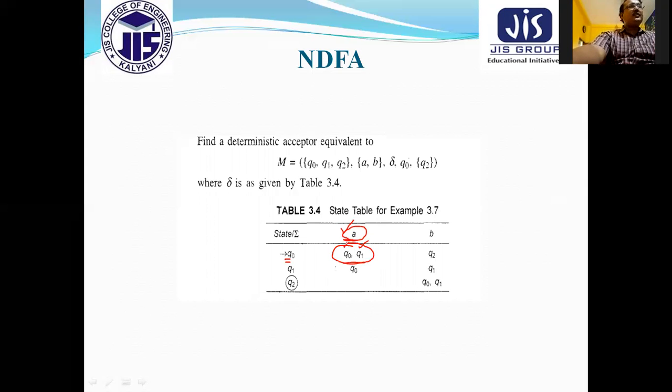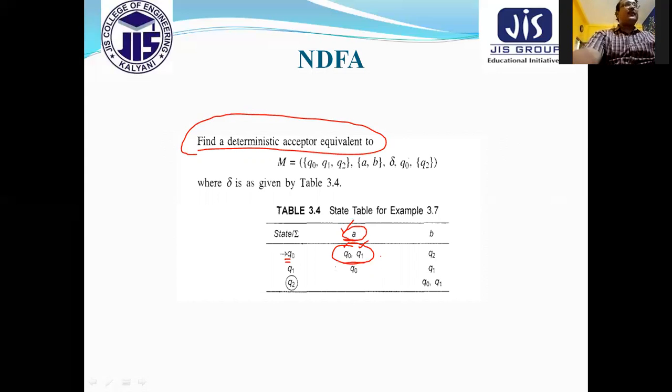So according to the definition of NDFA, if by taking the input you go to more than one state, I can say that it is the NDFA. Sometimes they ask that if an NDFA is given, we have to find what is the DFA for it. What is the DFA for the given NDFA?